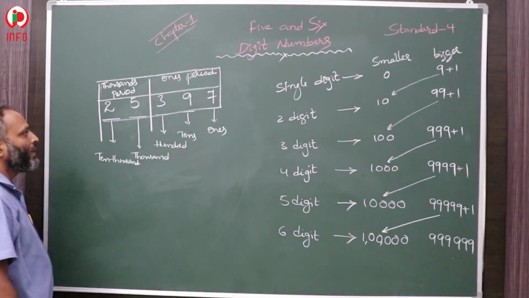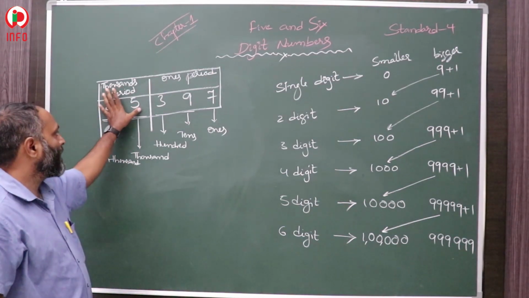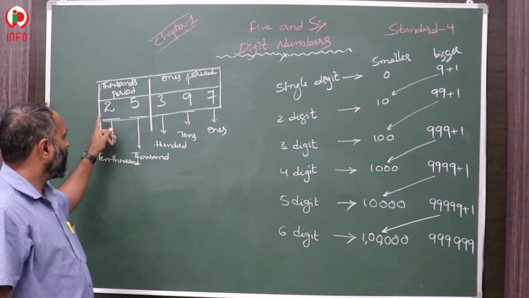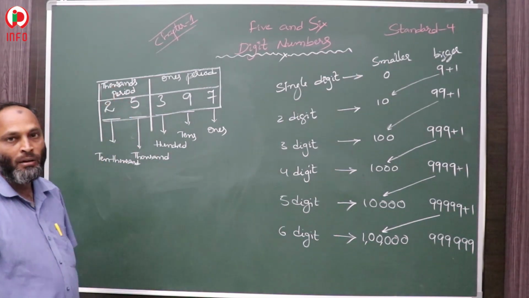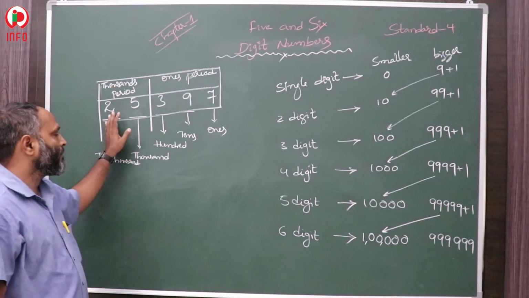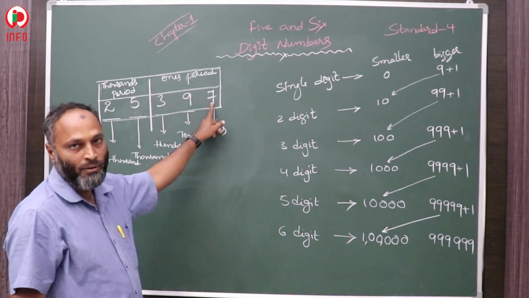Then how can we read this if a 5 digit number is given? These two are in the thousands period, so we read it as 25,000. And these 3 are in the ones period, then 397.